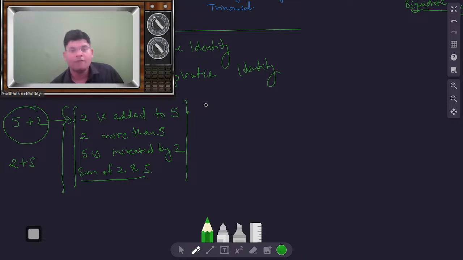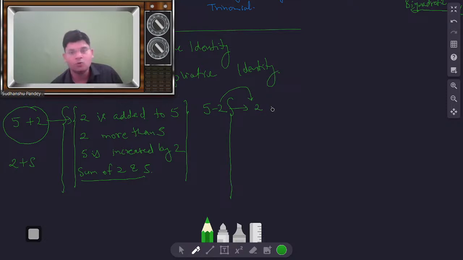Okay. Now if I write 5 minus 2, then one way we can say is 5 is subtracted by 2. No, when we are doing subtraction, you should not use the word by, you should use the word from. And whatever number we are subtracting, we have to write that number first.